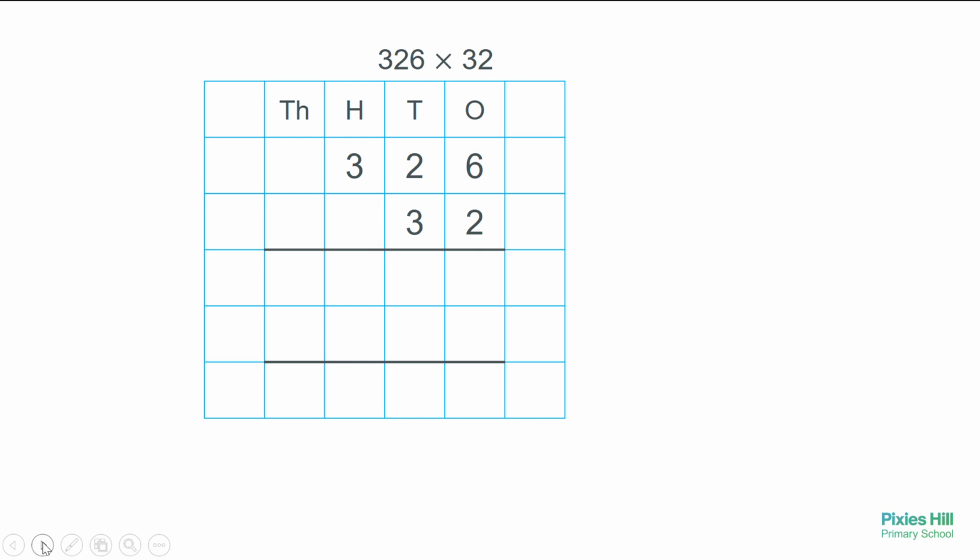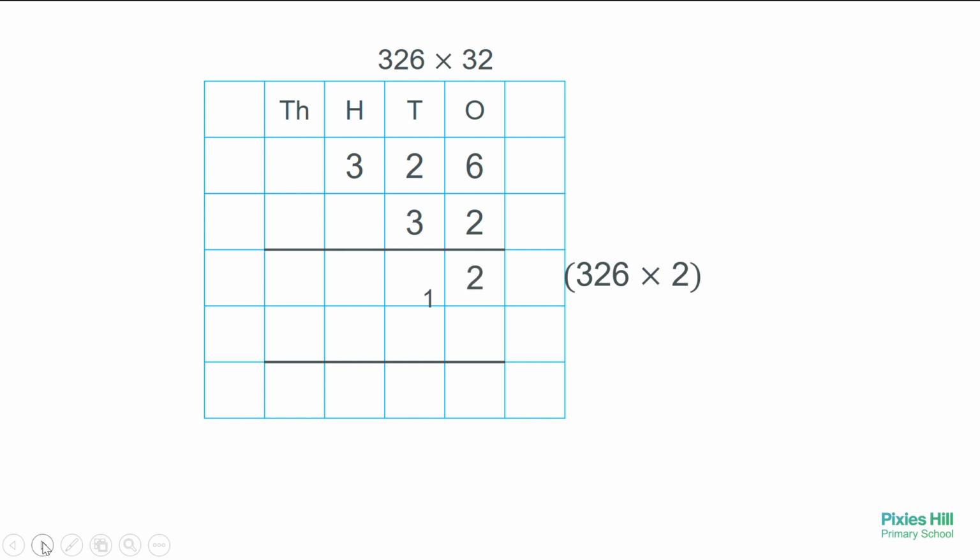As children become more familiar with the method, we can increase the number of digits and begin to exchange. Here we have 326 times 32. The only difference is we have added an extra column for our hundreds. So first we need to calculate 326 times 2. 6 times 2 equals 12.